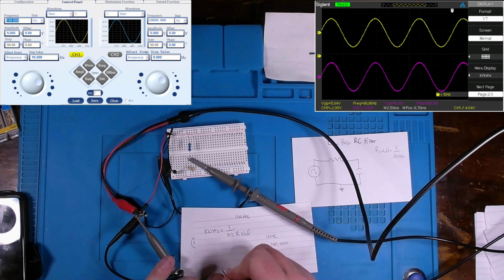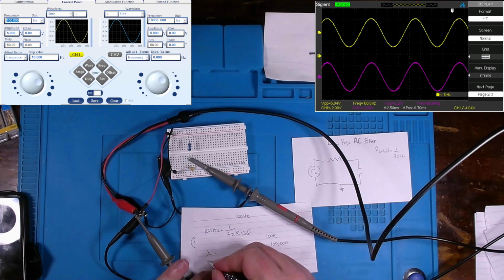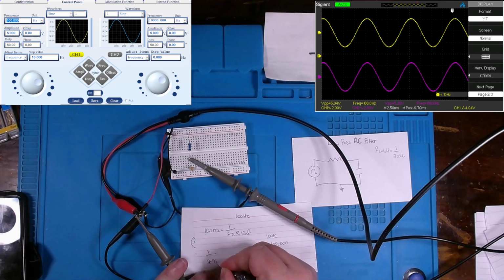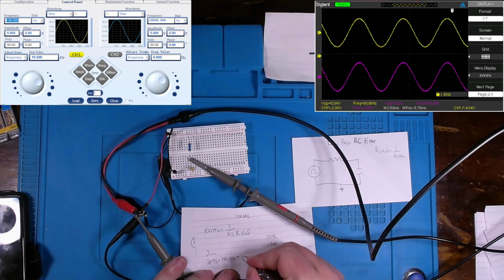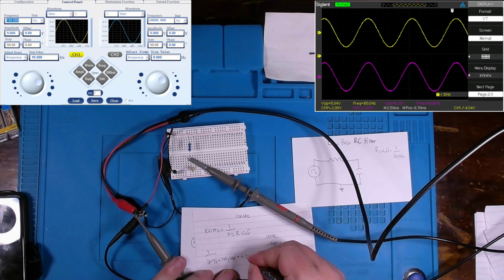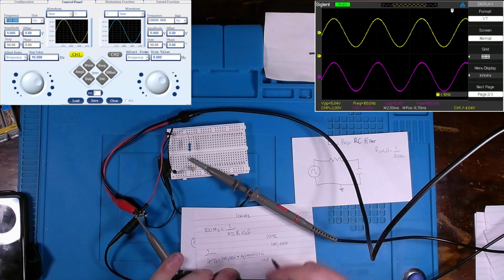And if I was to actually plug that in, 1 over 2 times pi times 100,000 times 10 nanofarad, which is 10 to the minus 9, moving this over 9 decimal places.